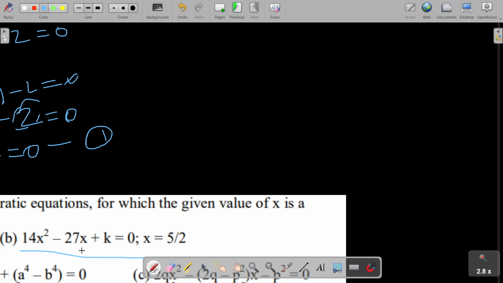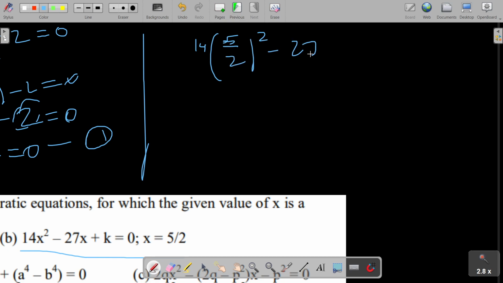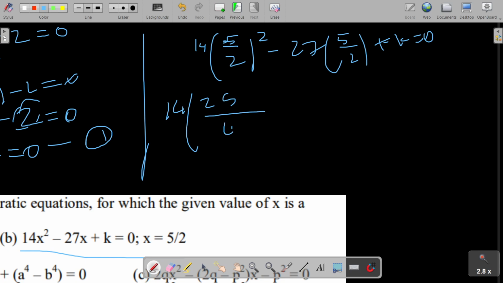Same thing with this equation also. x is equal to 5 over 2, so let me put x equal to 5 over 2 here. 5 over 2 squared minus 27 into 5 over 2 plus k is equal to 0. So 14 into 25 by 4.